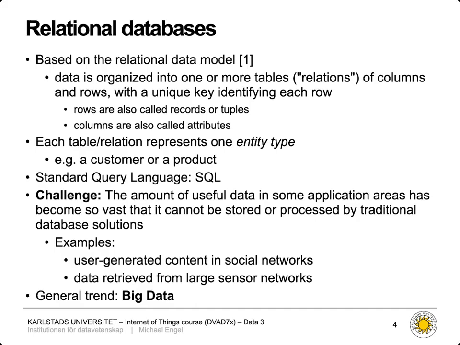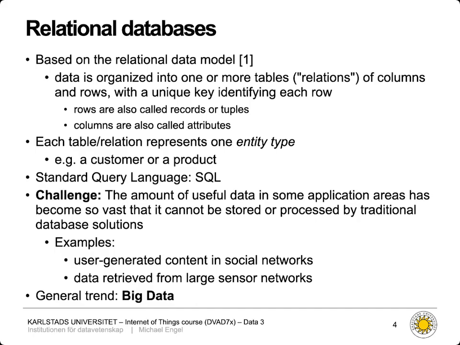And usually relational databases use a standard query language, SQL, or as it's called in America, SQL. Now, the problem with relational databases in the IoT context is that the amount of data that we need to store for IoT applications in the back end, so not in each sensor node, but where we accumulate all our data, might become so large that it's very impractical or even impossible to process using a traditional relational database.